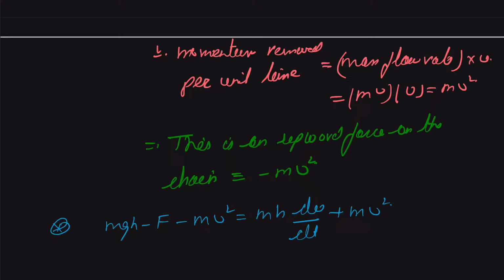Downward we have taken as positive, so we can write this will be coming as 2mv square and we have our mvh.